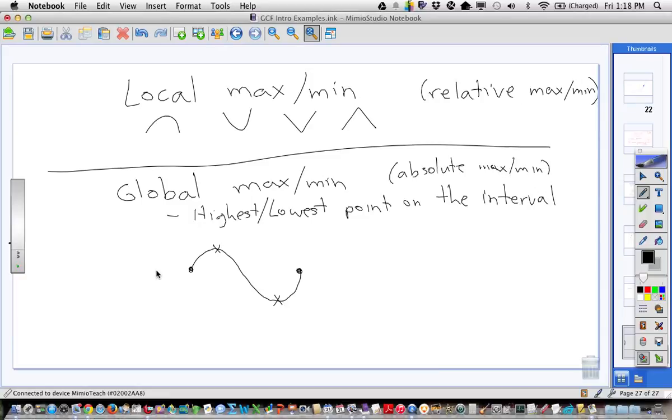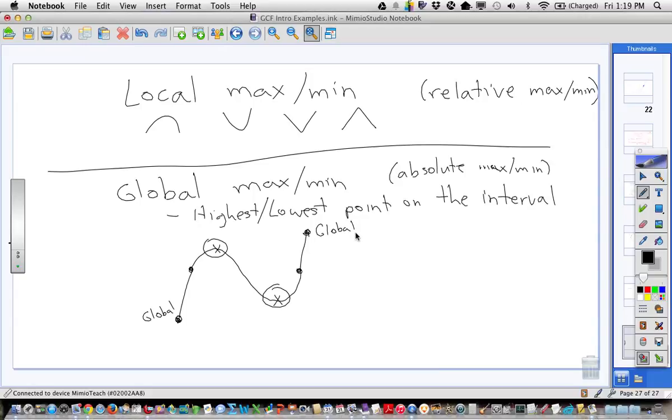Well, here my global max and mins would also be my local max and min. However, if I extended this a little bit down to here and extended this up to here a little bit, now my local max and mins would still be there, but my global min would be down here and my global max would be up here because those are the highest points.